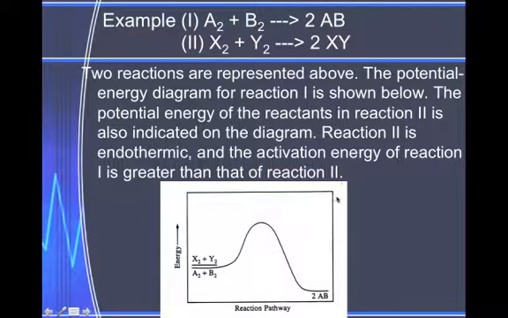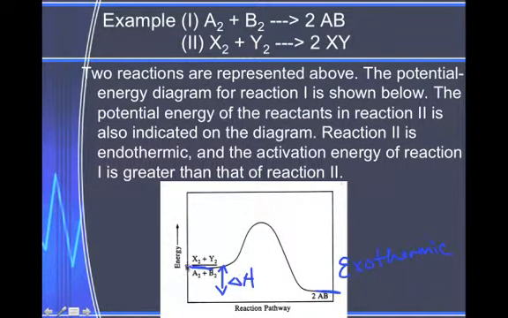Let's look at our reaction. To go from the reactants to the products, we had an overall drop in energy. That's our delta H. So our enthalpy change is negative. This is exothermic. Does that change if I heat it up or if I go faster?